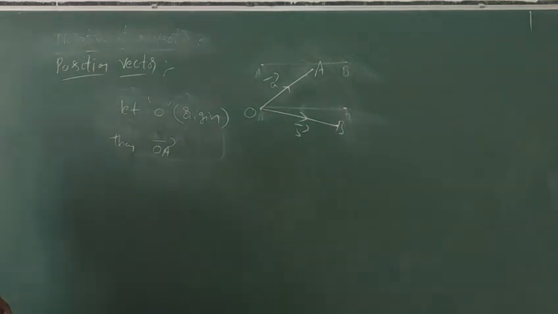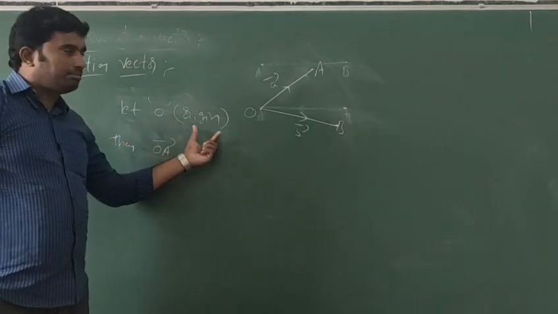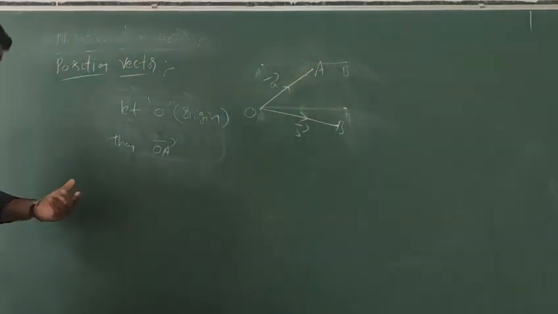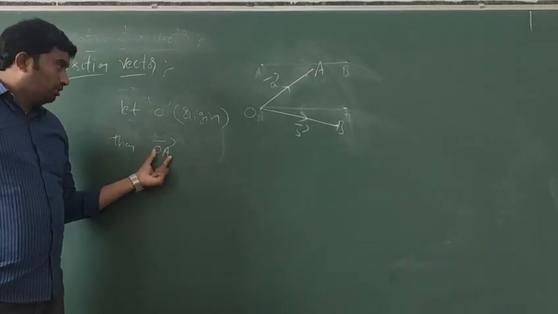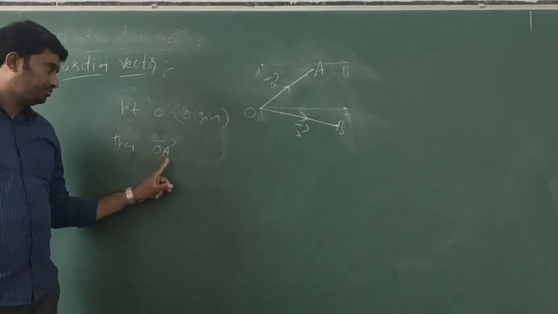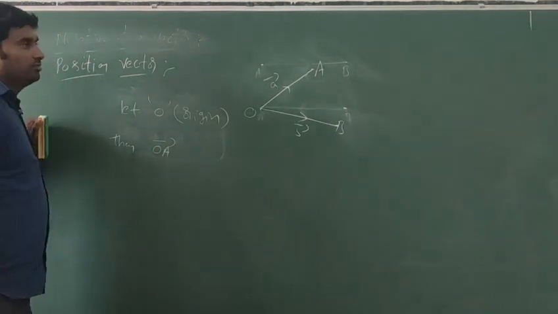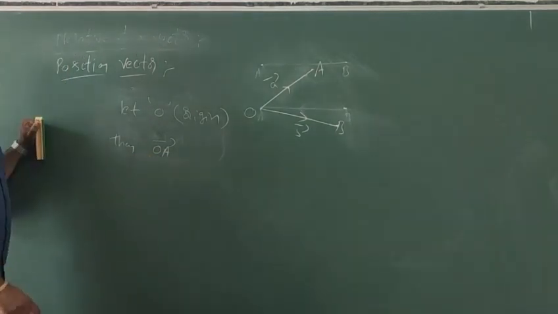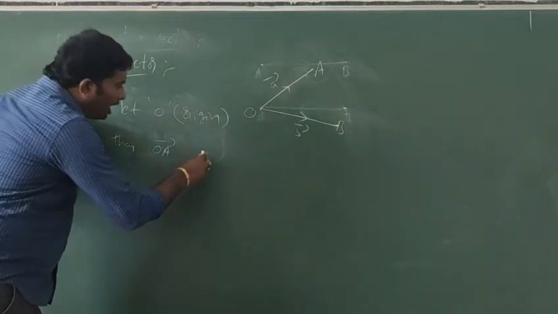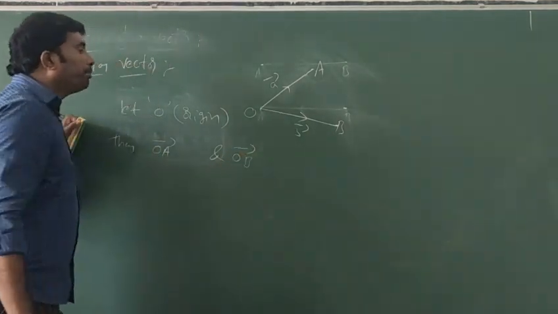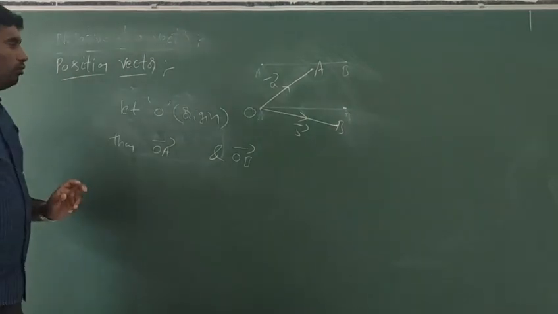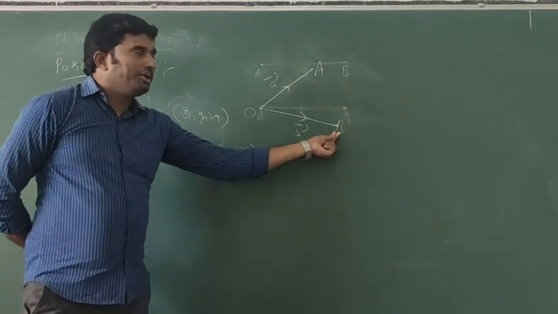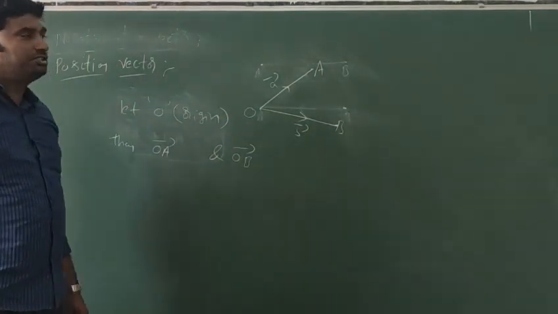That's it. Position vector. Just observe. Let the origin O be the fixed point, and let A be the given point in the space. Then the vector OA bar is the position vector of the point A with respect to O, the fixed point.